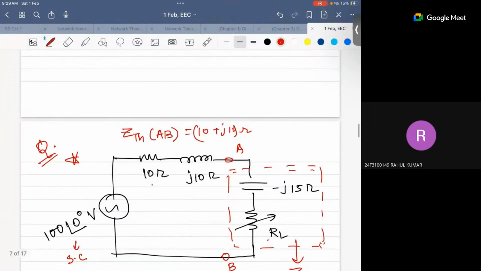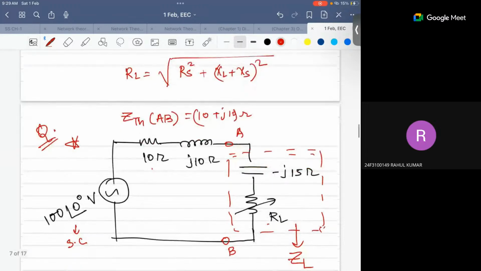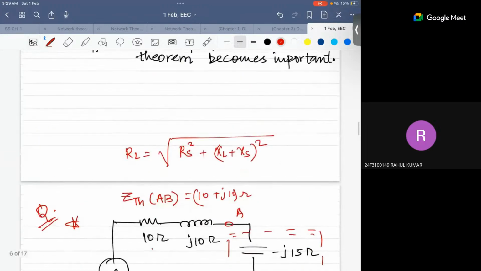Now, if you have to calculate RL, I told you, right? How to calculate RL? The formula is the square root of RS whole square plus XL plus XC whole square. So what will be the value? RL square equals 10 whole square plus.